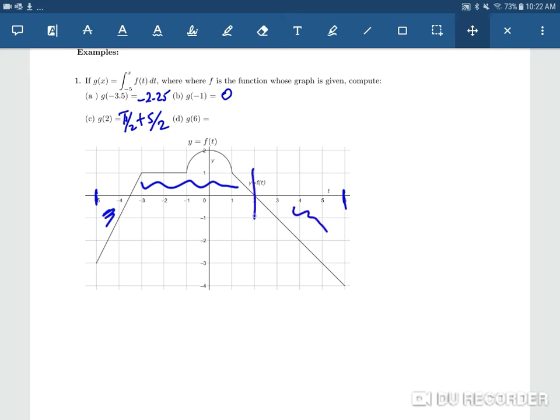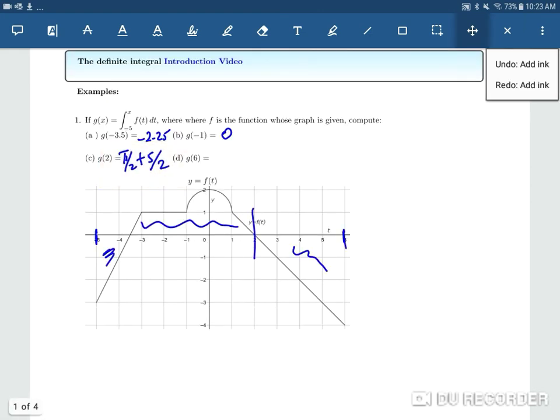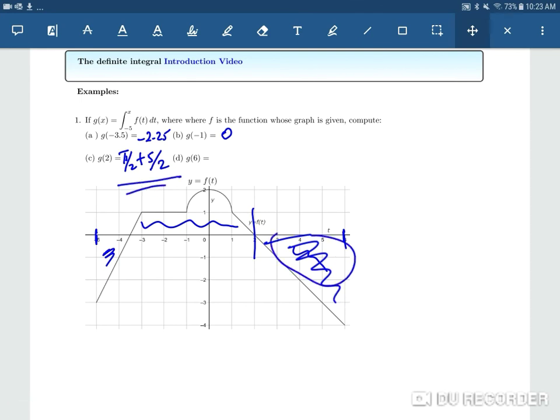But up to here, we already got this guy. Okay? So what we're going to do is find the area here and subtract that from this guy, because this is below the x-axis, so the net change is negative.